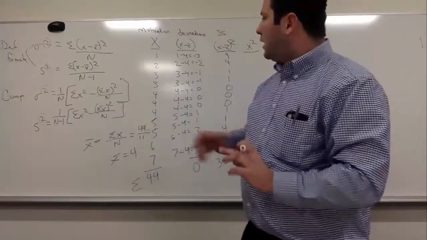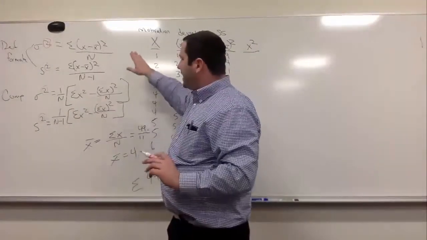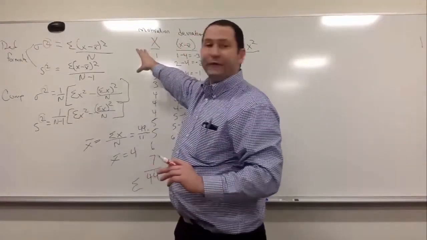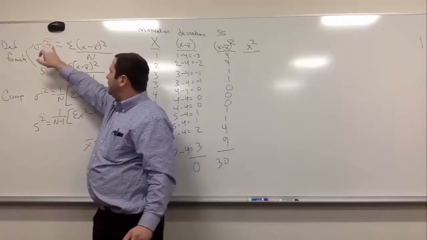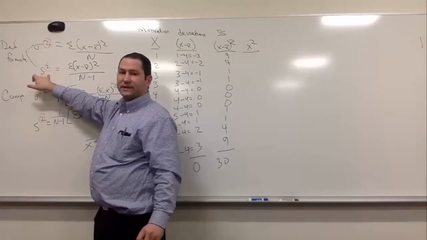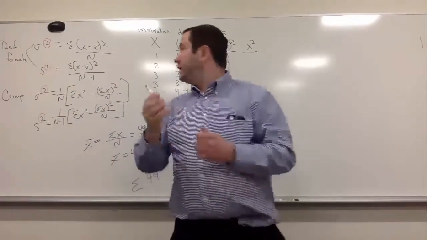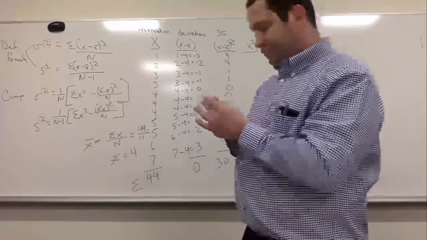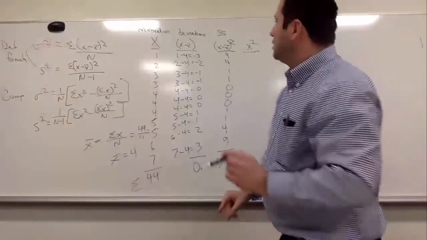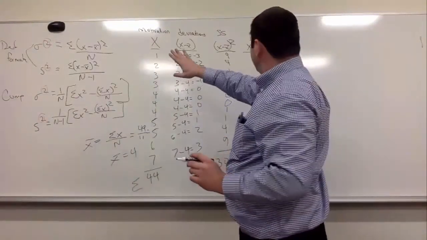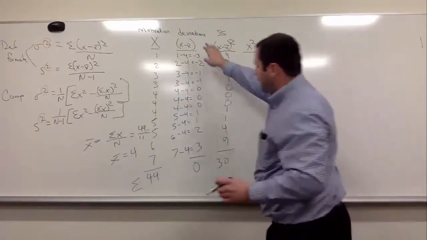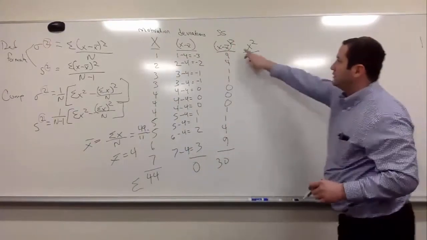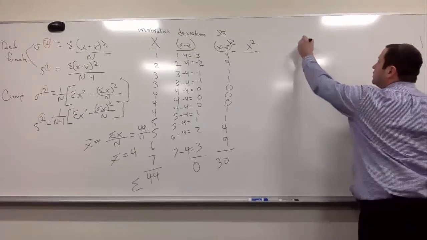Now, we'll go through it. So let's take our definitional formulas for variance for a population and variance for a sample. Let's work through it and see what we get. Okay. In the definitional formula, we said it's a sum of x minus x bar, or the sum of squares.